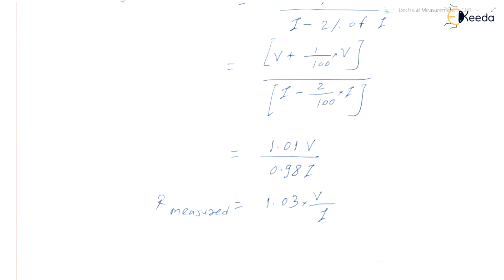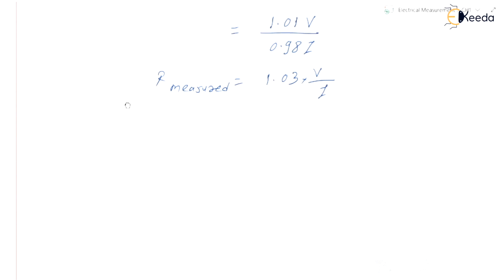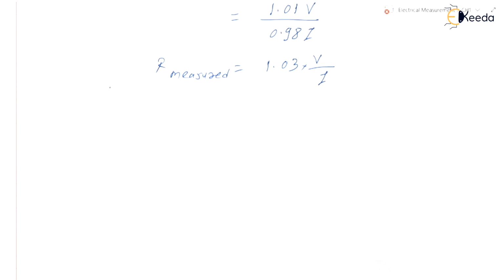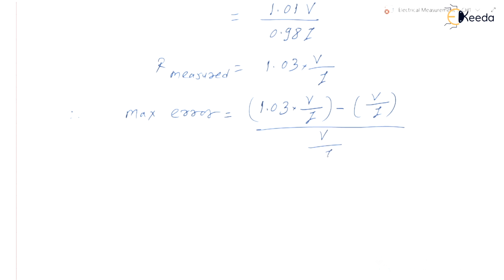Right? So therefore, the maximum possible error is equal to the measured value minus the true value. So it is 1.03 into V by I, this is the measured value, minus the true value V by I, divided by the true value V by I, into 100 if we want it in percentage.